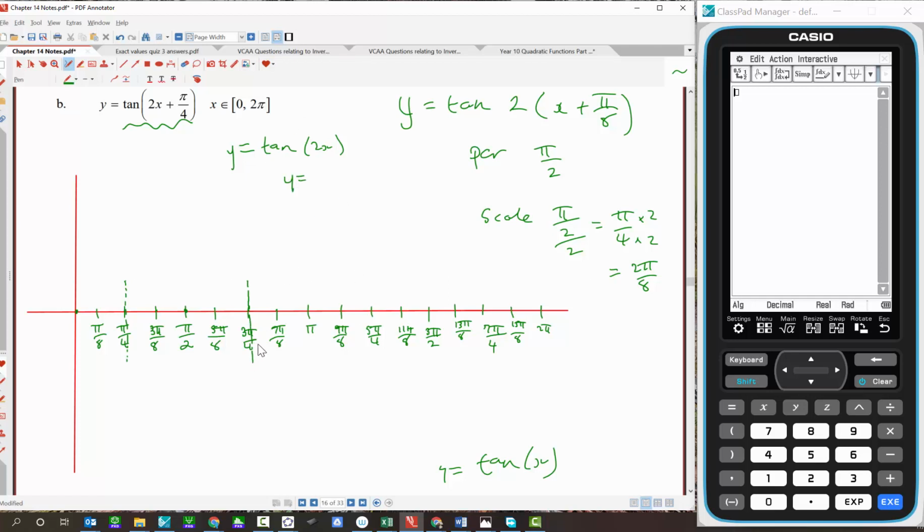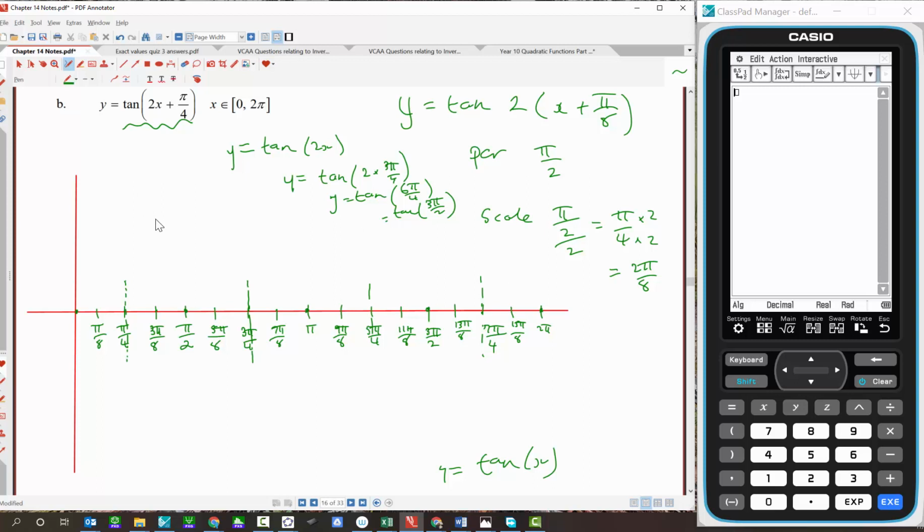We sub x equals 3 pi on 4 there: 2 lots of 3 pi on 4, which is y equals tan of 6 pi on 4, which is tan of 3 pi on 2. That's a very good sign because it's undefined, and that's what's happening at the asymptote. So it's every 2. Key feature, key feature, key feature, key feature, key feature.